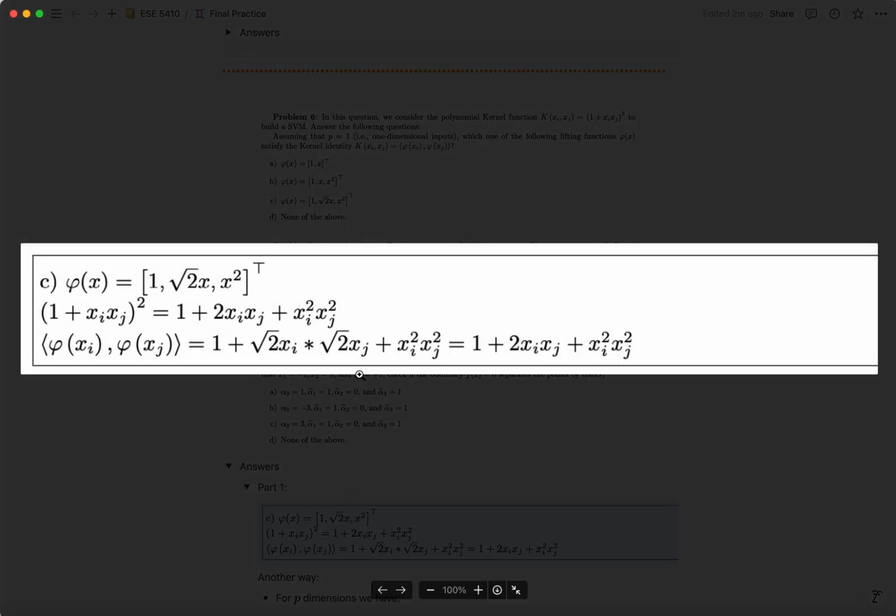So again, this is the official solution. This is the expanded version of the polynomial kernel.